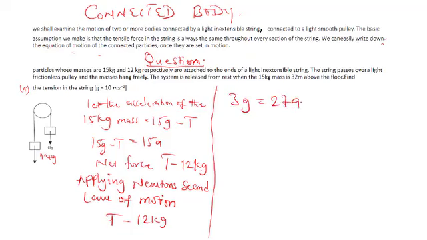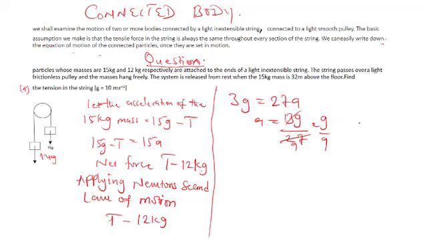With 3g being equal to 27a, the value of a becomes 3g over 27, which is equal to g over 9.